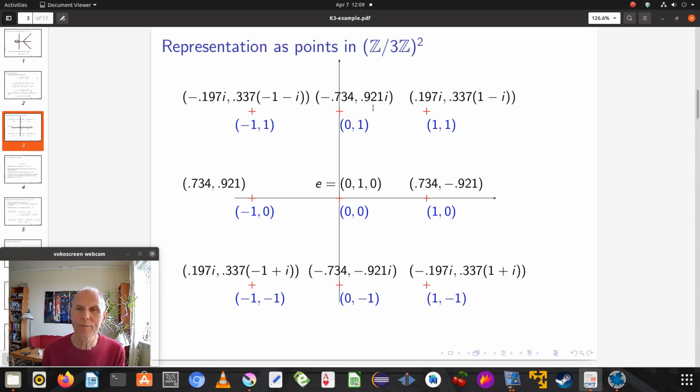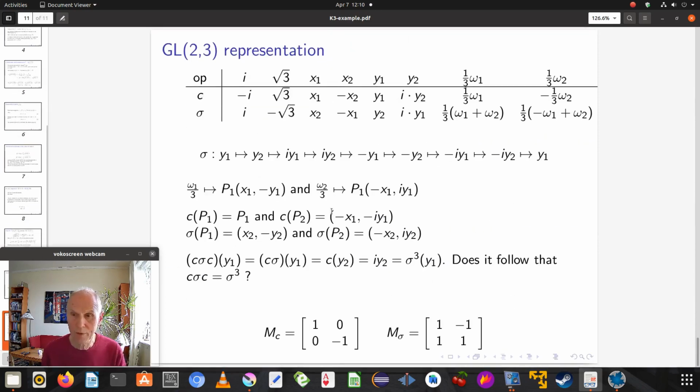And this is iy1 goes to iy2. So this one multiplied by i gives -1, gives this guy. So it's -1.1.